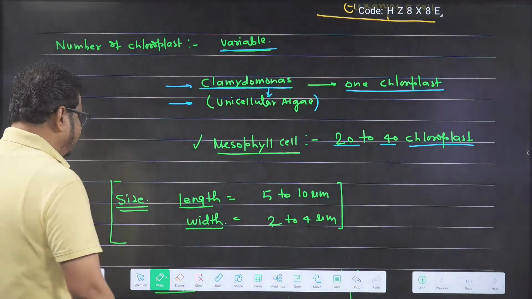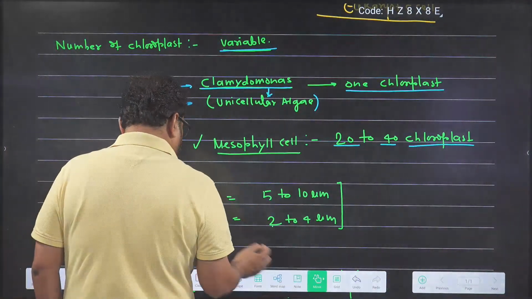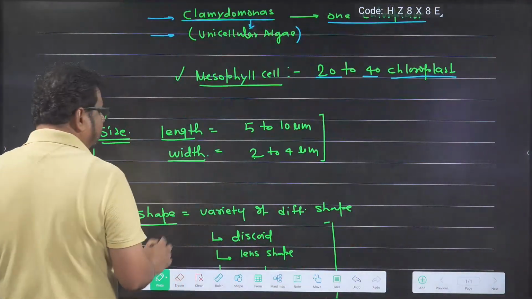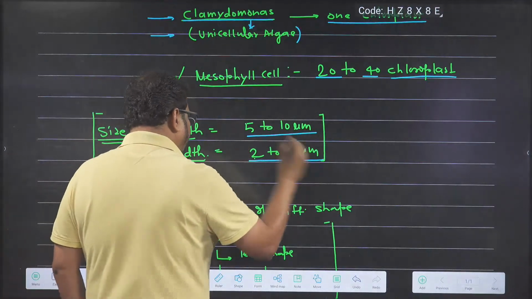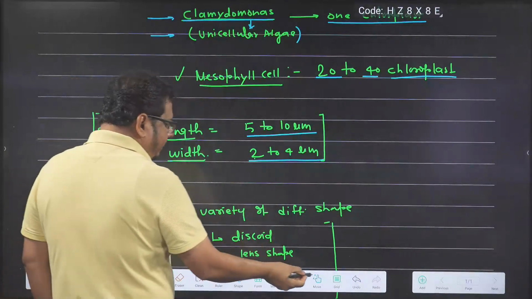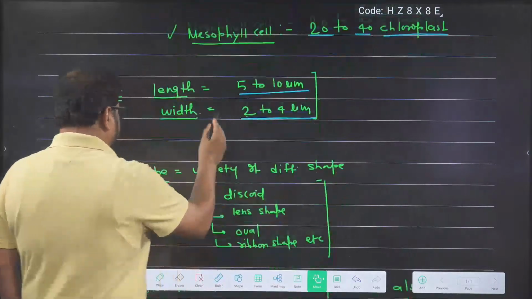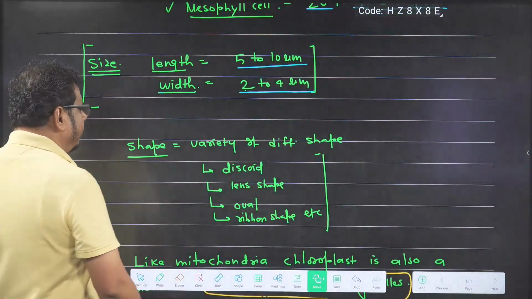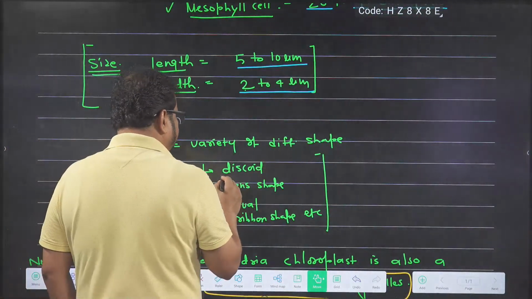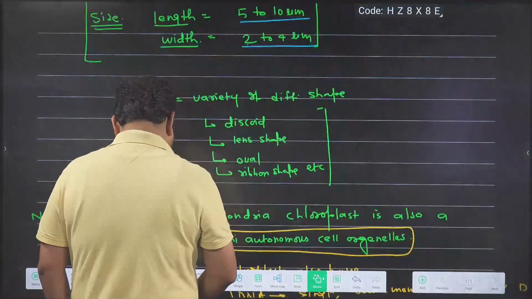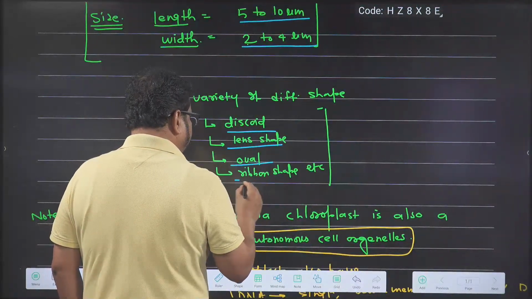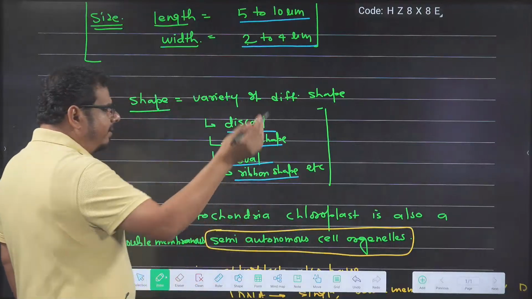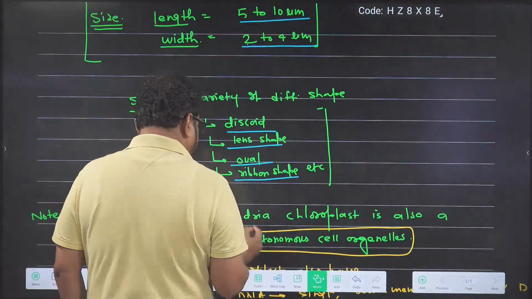Size of the chloroplast: length is 5 to 10 micrometer, width is 2 to 4 micrometer. It is bigger than mitochondria. Shape: it may be disc shape, lens shape, oval, ribbon shape, or girdle shape. Many varieties of shape are there.